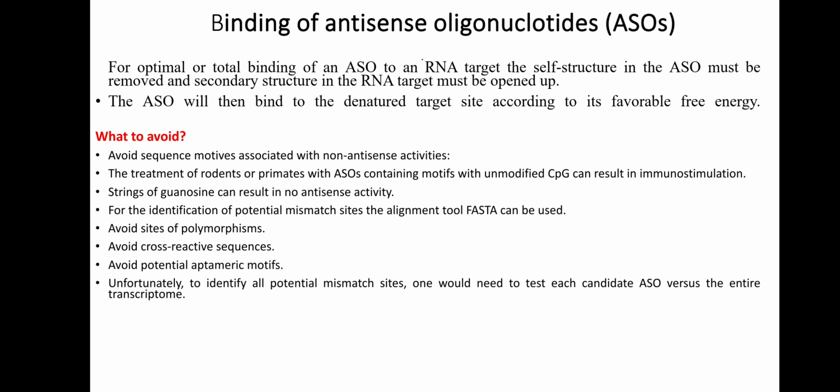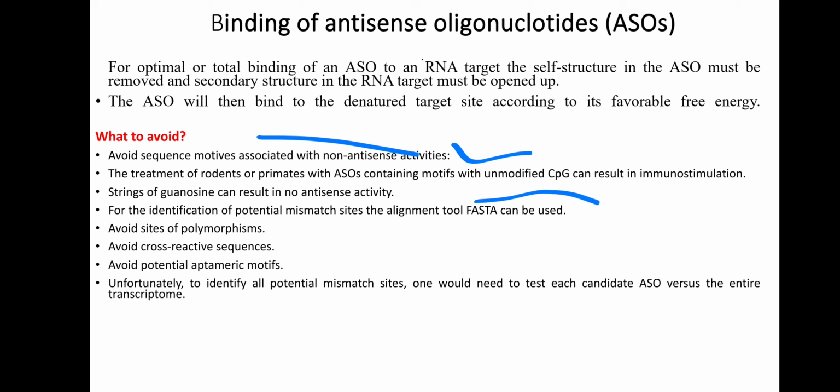So you can see here the binding of the antisense oligonucleotide. Another thing is we should always avoid sequence motifs associated with non-antisense effects. We have to directly select known higher affinity sequences. The second thing is treatment of rodents and primates, where CpG is developed.